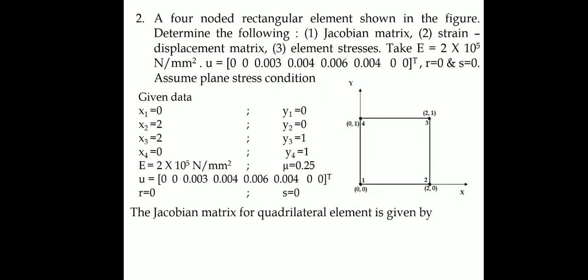The Jacobian matrix should be found first. So J is equal to the matrix J11, J12, J21, J22.